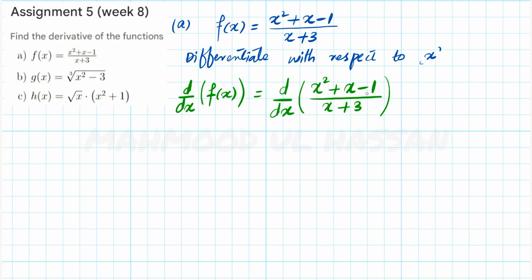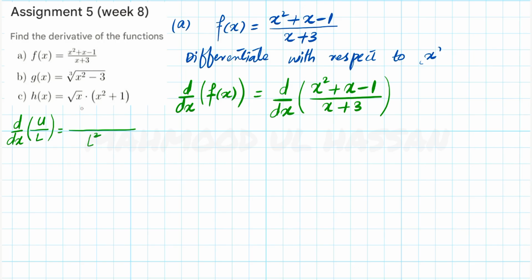Okay, so here we are going to apply the quotient rule. So what is the quotient rule? When we apply the derivative on a quotient, let's say the upper divided by the lower, the quotient rule says that you have to take the square of the lower in the denominator, that is L squared.